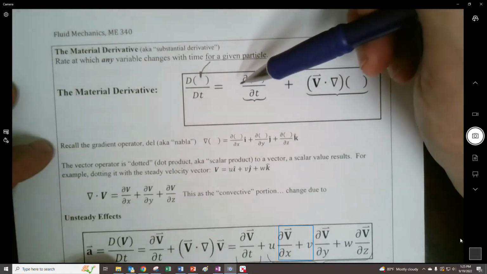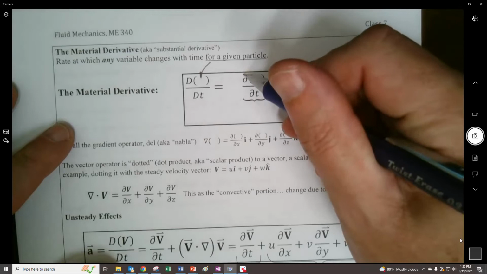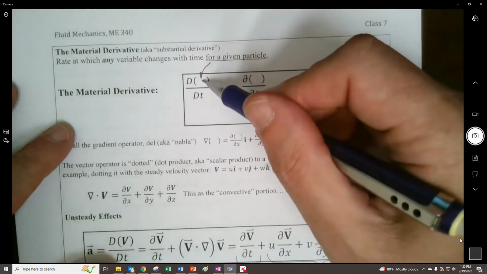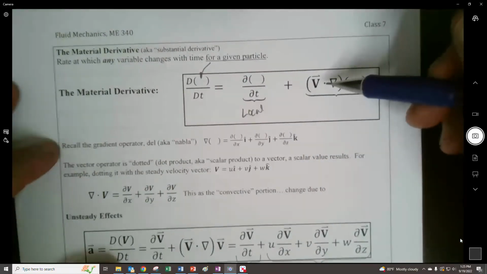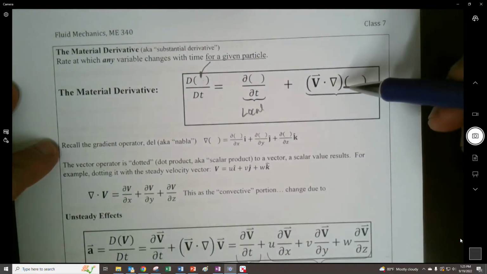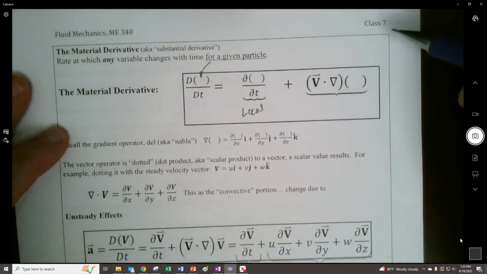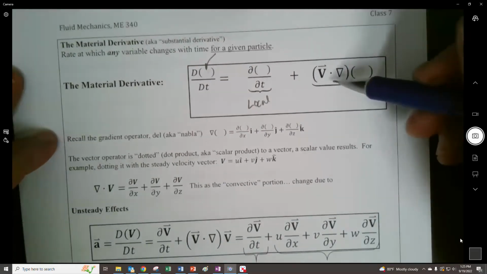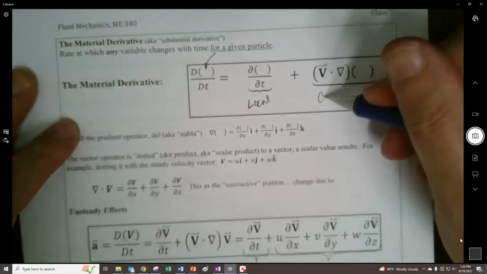So if you want to get the entire derivative, we have to take it with respect to time, so the partial derivative of whatever this function is, and we call that the local. And then we also will want to have the distribution with how it changes within material space. We'll just accept this for right now, but we'll take a look and see what these symbols mean. But this is called the convective.